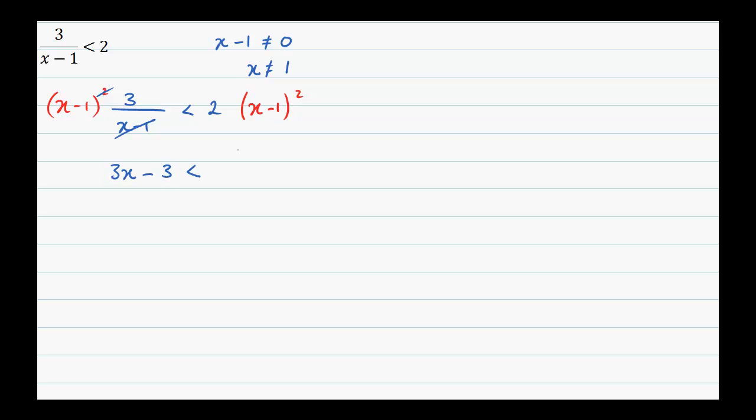And on the right hand side, I need to expand my x minus 1 all squared. So I'm going to leave that 2 there for now. x minus 1 all squared becomes x squared minus 2x plus 1. Next, I'm going to leave the left hand side, so 3x minus 3, and I'm going to expand this bracket, so 2x squared minus 4x plus 2.